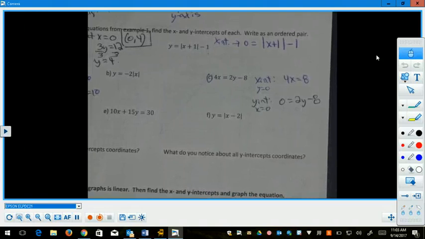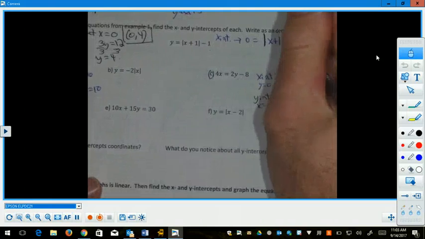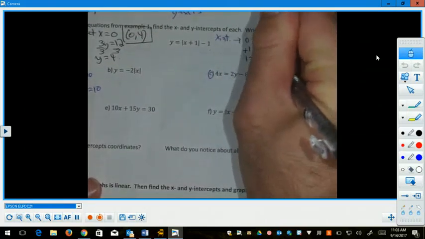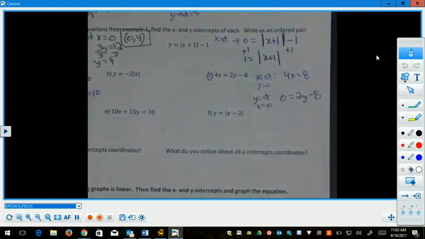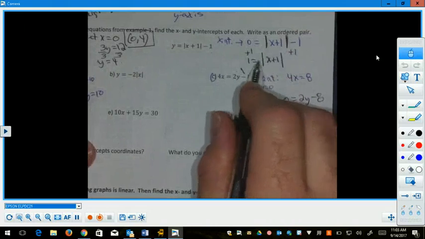So that's going to be 0 equals the absolute value of x plus 1 minus 1. So how many answers do I have to an absolute value equation? 2 or none. Okay. So I'm trying to get the absolute value symbol by itself. I'm going to add 1 to both sides. 1 equals the absolute value of x plus 1. At this point, we separate it into 2 equations because the absolute value is positive.